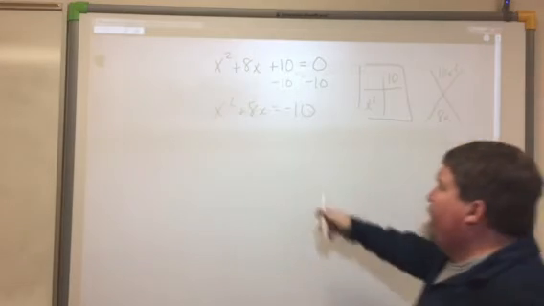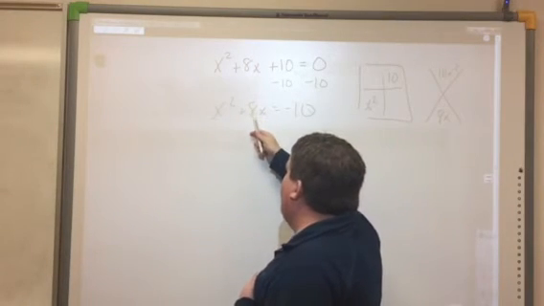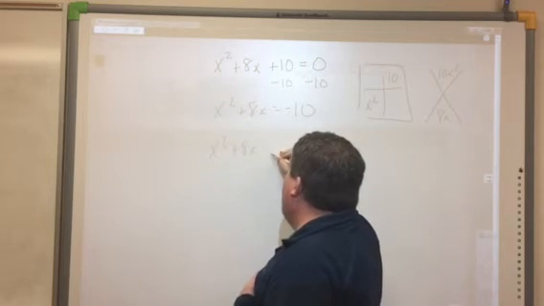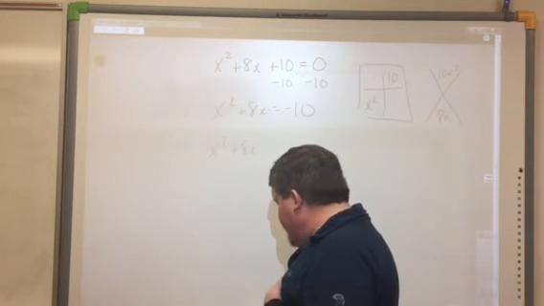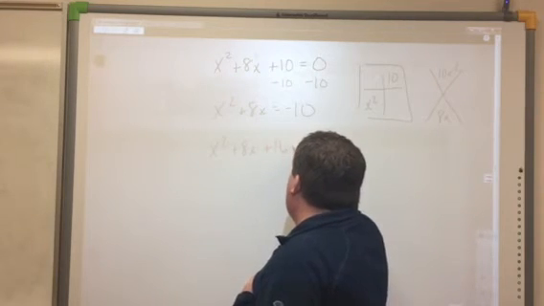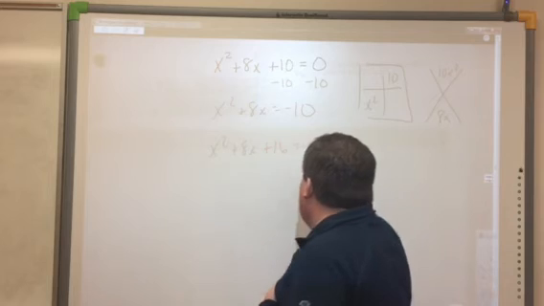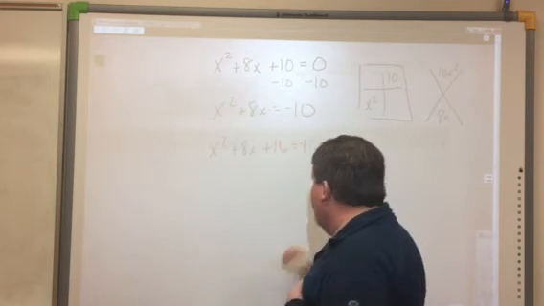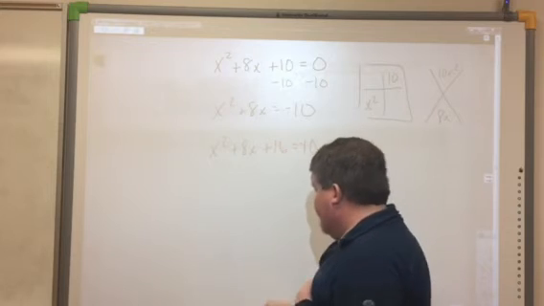So you take half your middle number. Half of 8 is 4, and you square that. So x squared plus 8x, I'm going to add 16 equals -10. And what I do to one side, I have to do to the other, add 16.